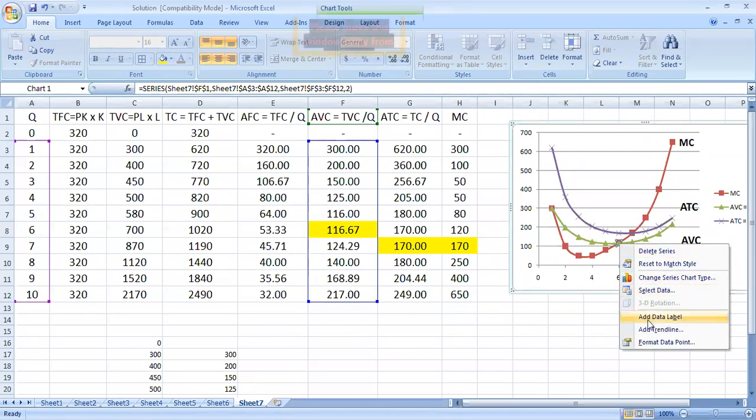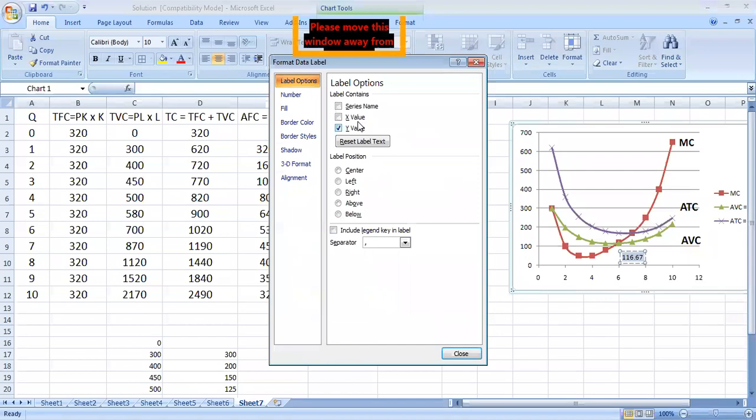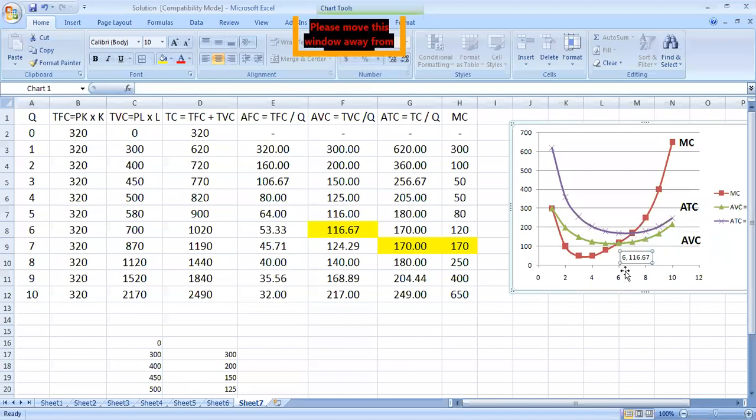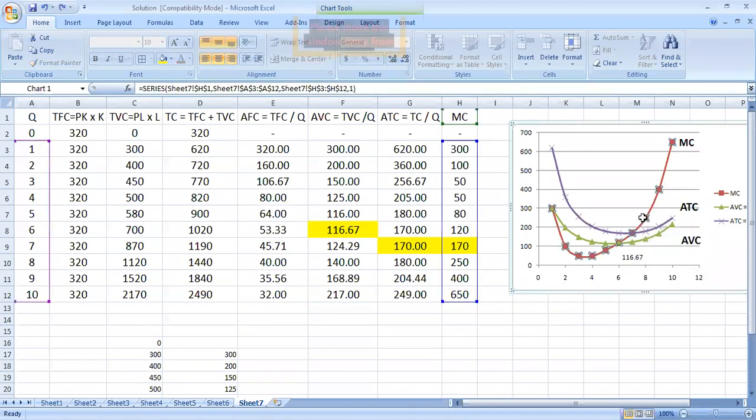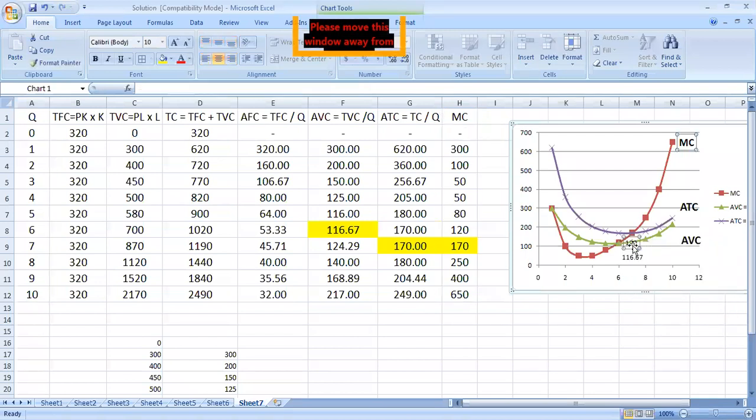Let me just add a label over here, right? Let me format this label by adding the value for marginal cost as well. Okay, let me unhighlight it and take the value for marginal cost.